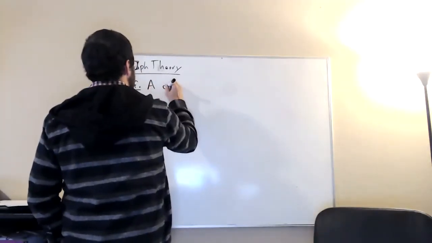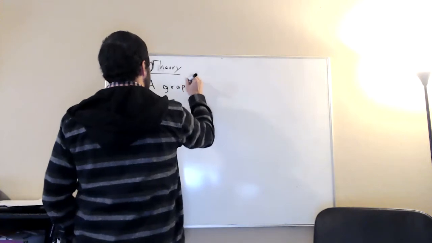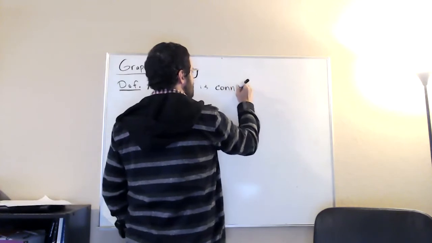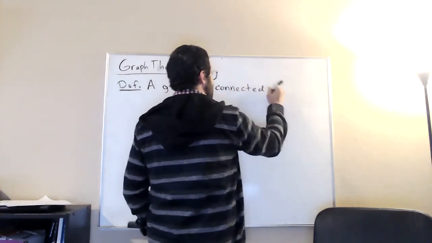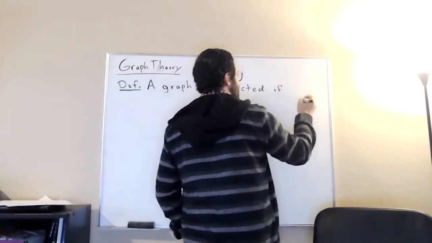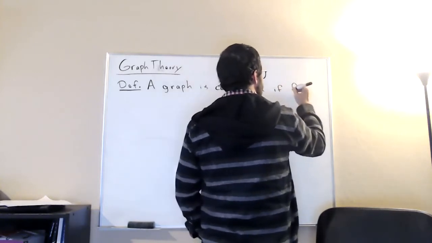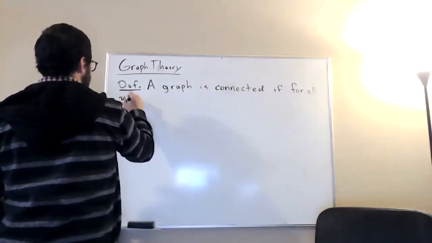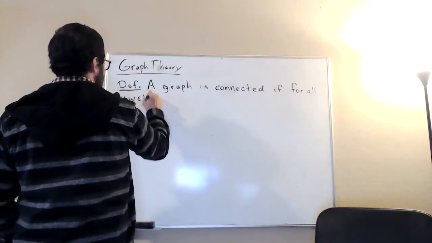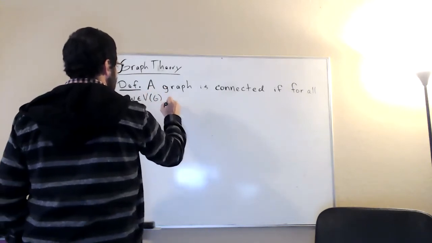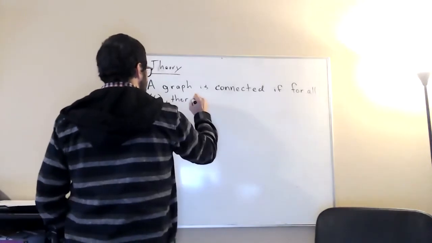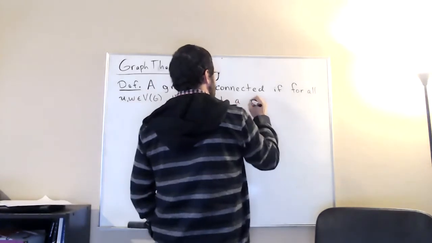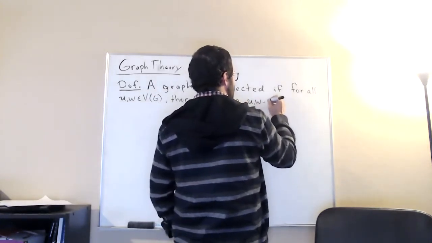So a graph is connected if for all u and w that are vertices in the graph, there exists a u-w path.